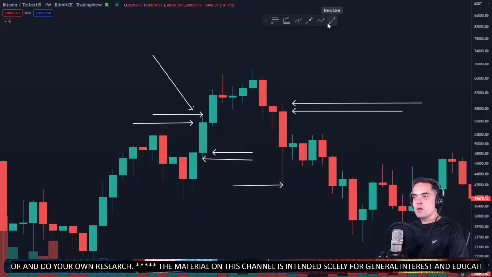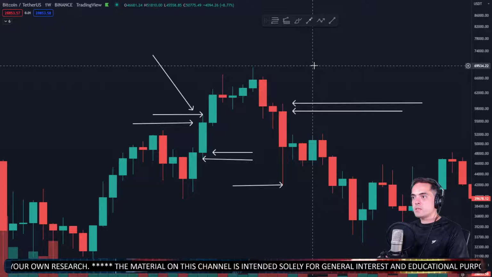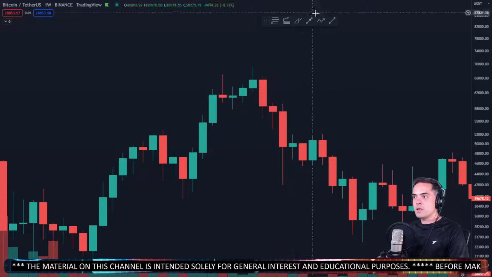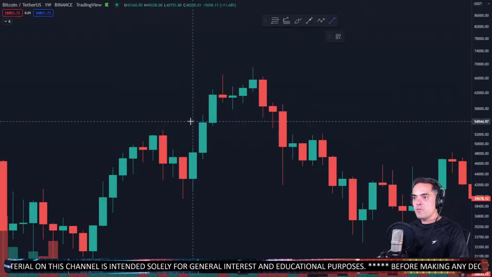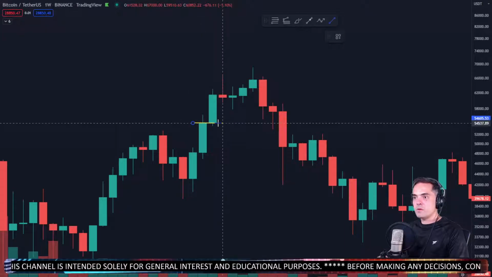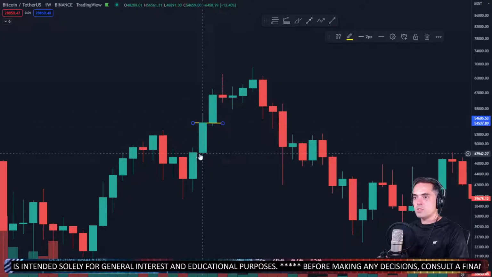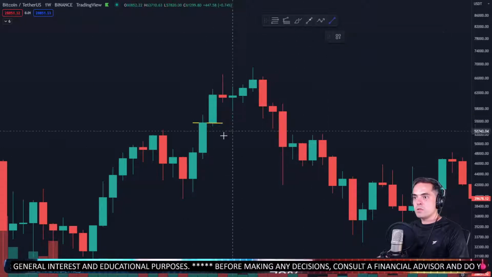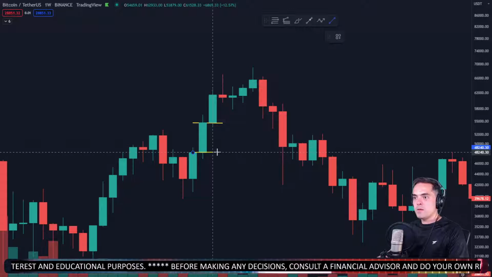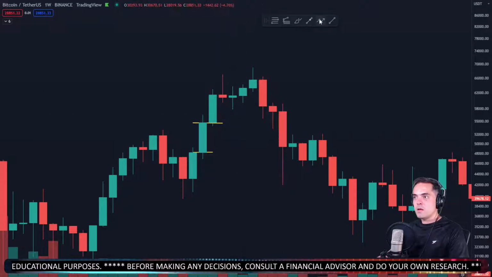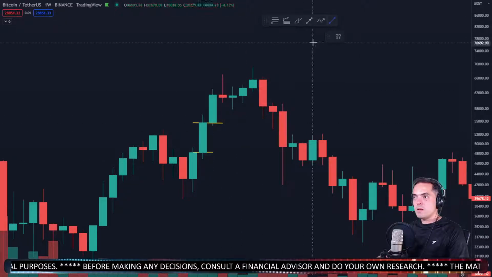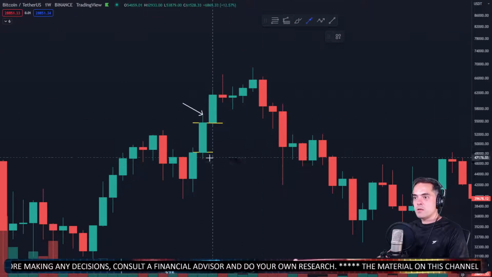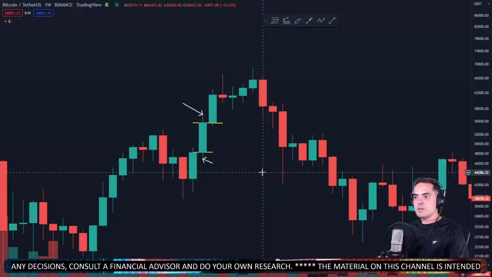Let's remove the drawings. So again, for the green candle we would have the opening, the close, the maximum price, and the minimum price.